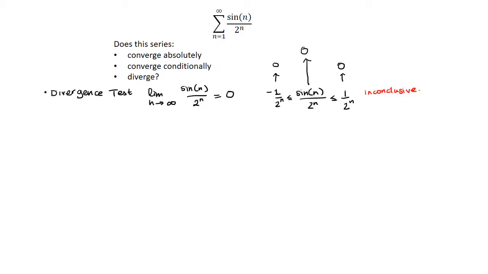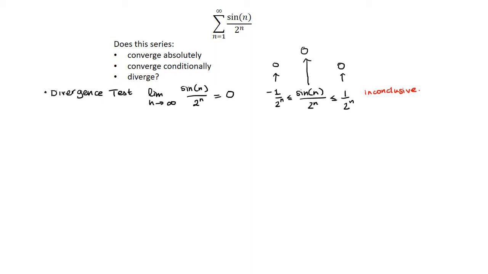Okay, so next let's shoot strong and try to show absolute convergence. If we find that it doesn't converge, then we'll have to come up with another plan, but maybe it'll work out.